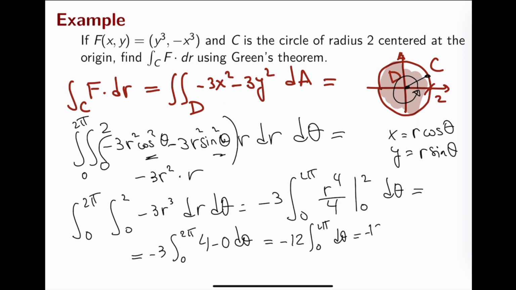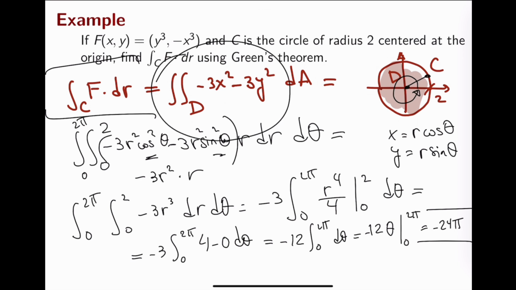So this is minus 12 theta evaluated between 0 and 2 pi, which is 2 pi times minus 12, which is minus 24 pi. So that will be the result of the line integral that we calculated without doing any line integral, right? But doing a double integral according to Green's theorem.